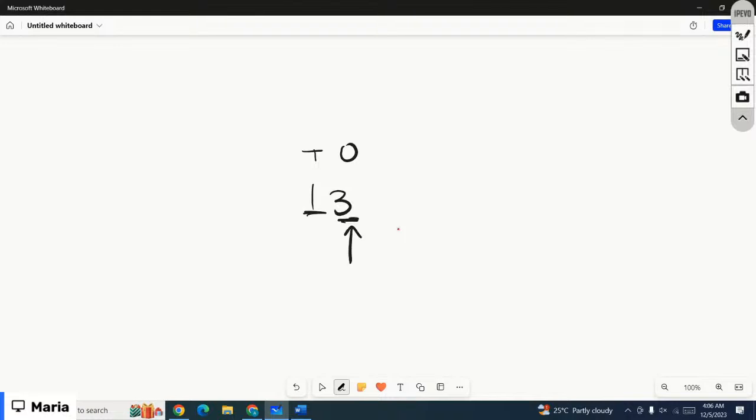The ones digit is 3. You need to see if this number is less than 5. 3 is less than 5. If this number is less than 5, you round on the same 10, which means you keep the 1 and replace the ones digit with 0. You can round off 13 to 10. The correct option is 10.